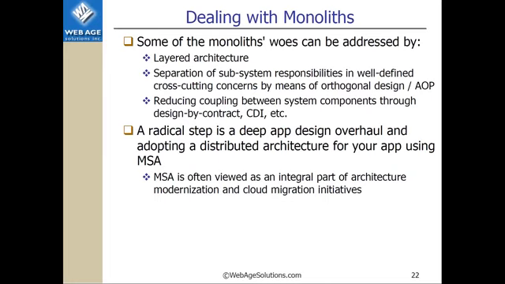Spring Source originally, remember J2EE without EJB, I believe the book was, was about dependency injection. It's design by contract, and eventually the JEE spec adopted that CDI, component and dependency injection mechanism, which considerably reduces coupling between systems.